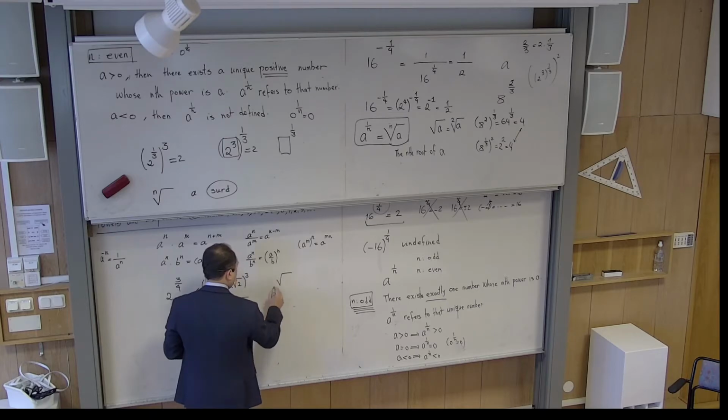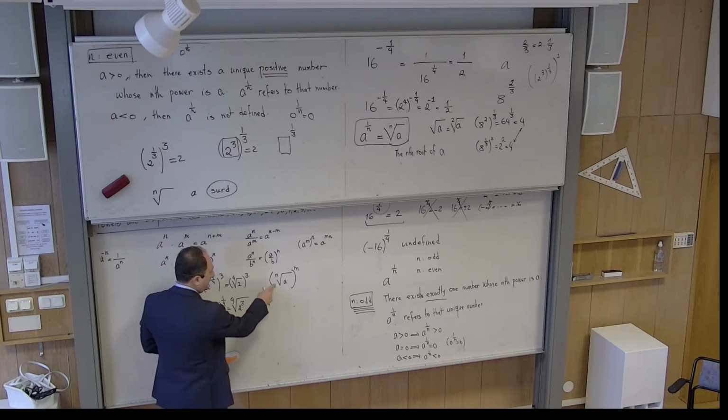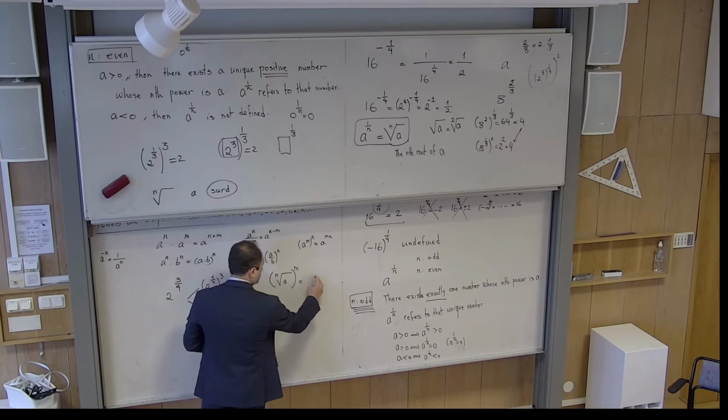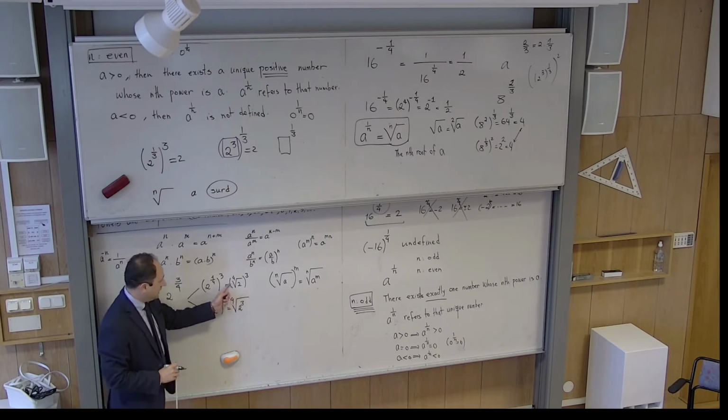If I have the nth root of a, and I want to raise it to power m, it doesn't matter if I evaluate the nth root first and then the exponent, or if I do the exponent first and then the nth root. Here I am calculating the 4th root first and then raising to power 3.